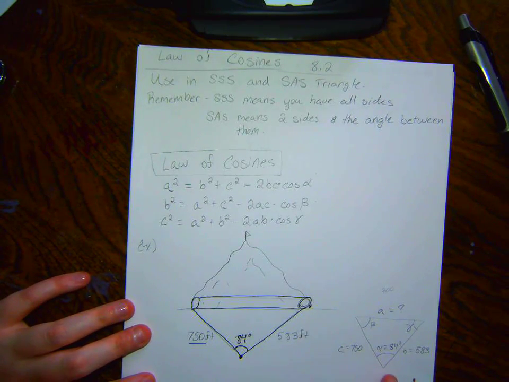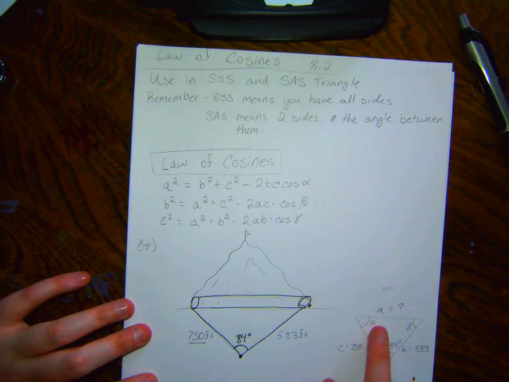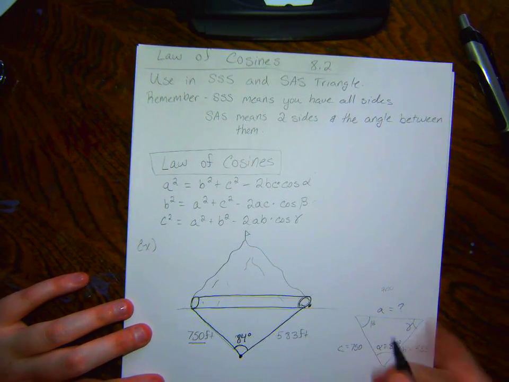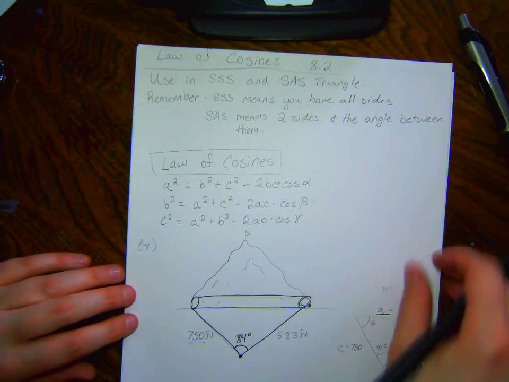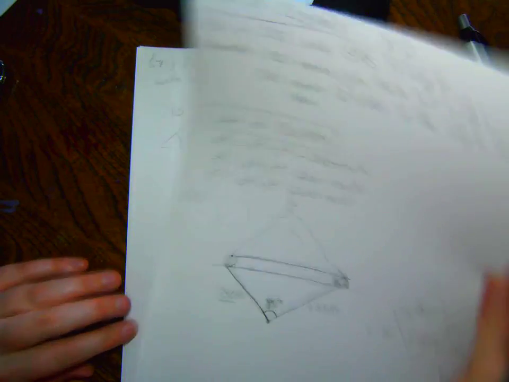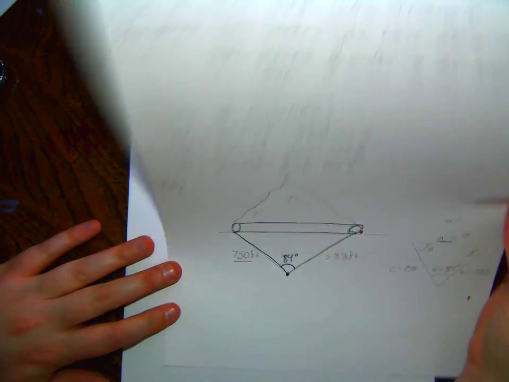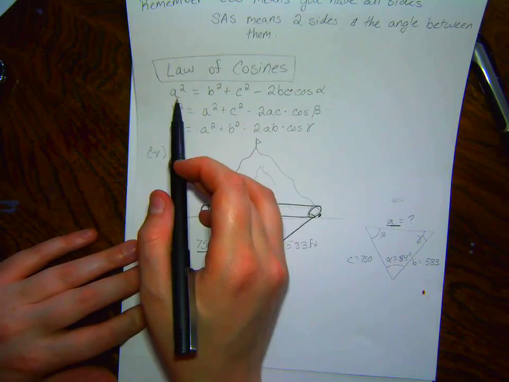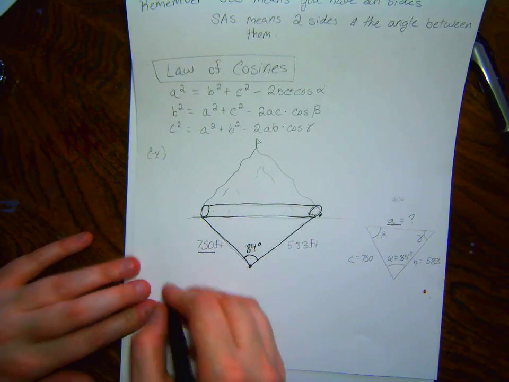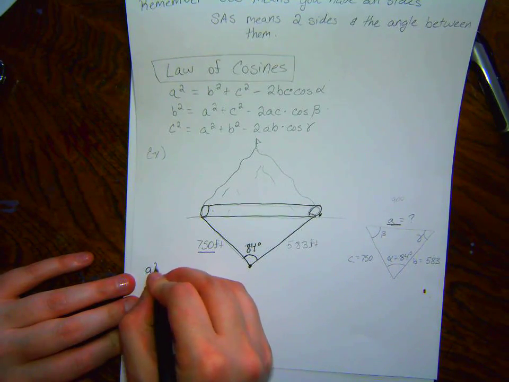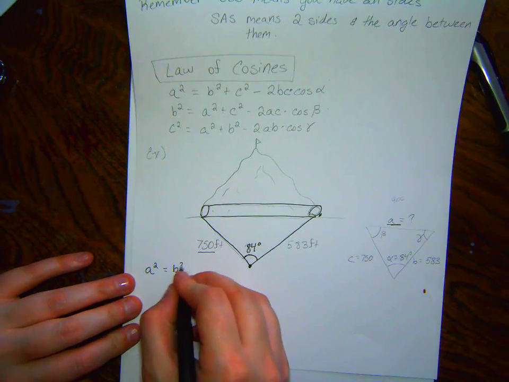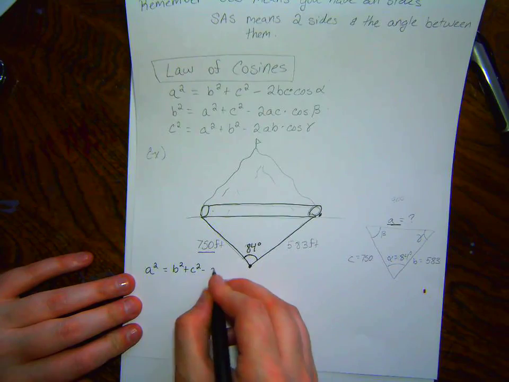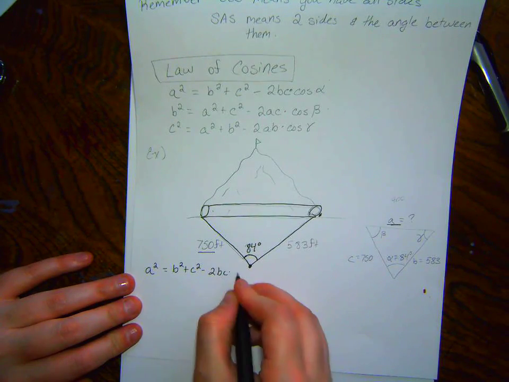So what I did is I drew a little reference triangle over here and gave it the proper labeling. I don't really care what beta is, I don't care what alpha is, I want to find A. Then I'm going to use this formula up here. So I have that A squared equals B squared plus C squared minus 2BC times cosine of alpha.